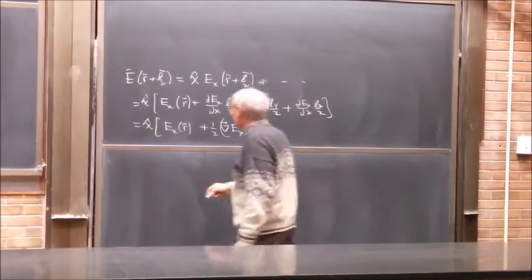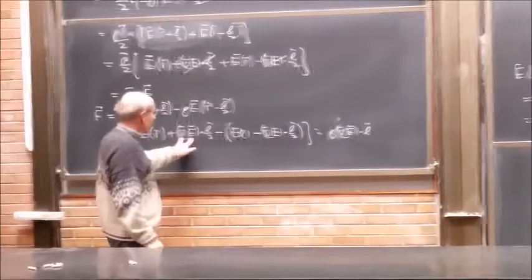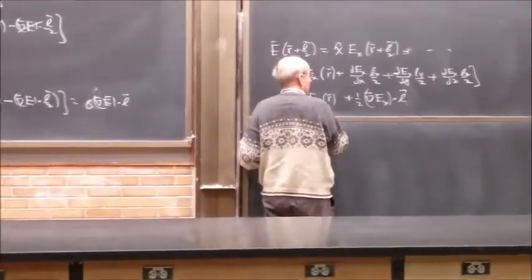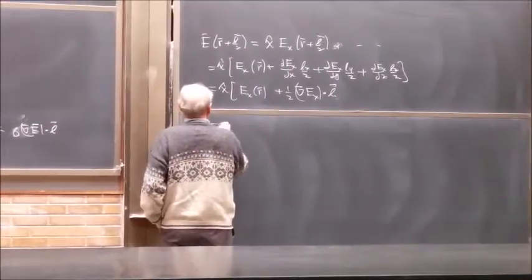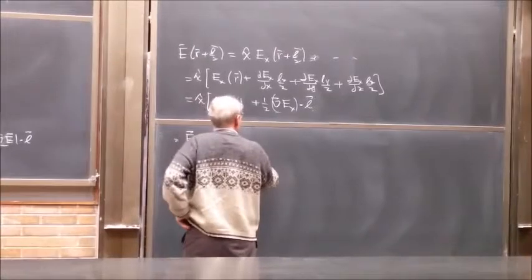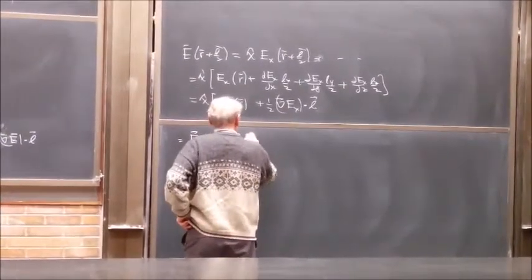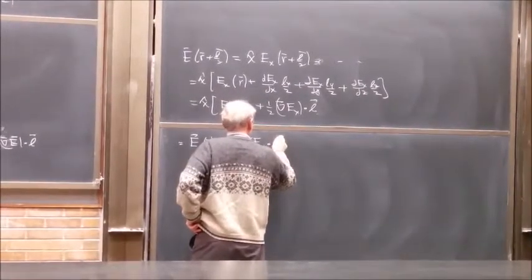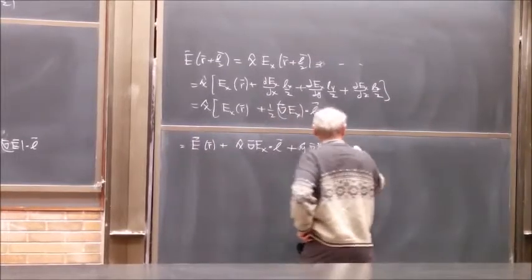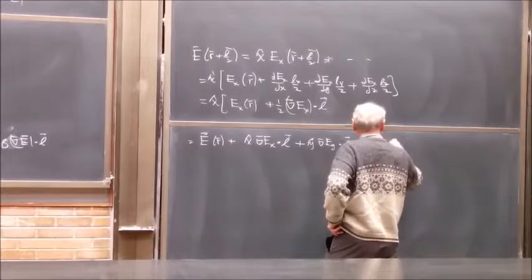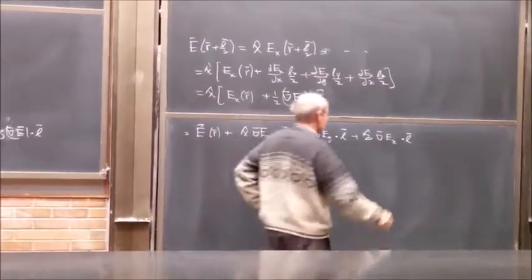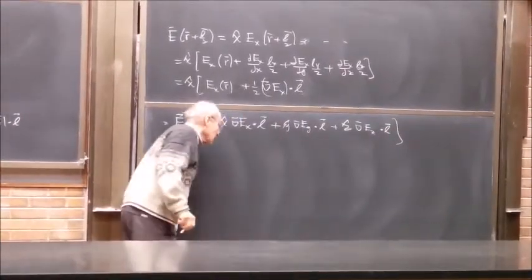So the whole thing then is E plus this. In other words, writing it out, this will be equal to E of r plus, in the x direction, the gradient of Ex dotted into L. In the y direction, the gradient of Ey dotted into L. And in the z direction, the gradient of Ez dotted into L. Okay?